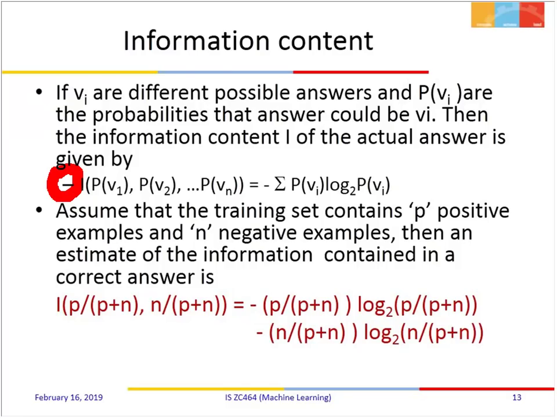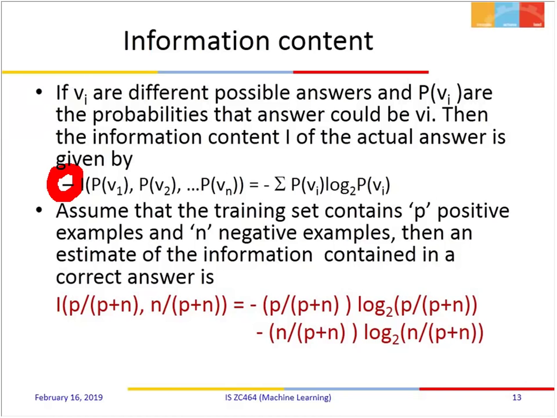Depending upon how many observations you have, you may have 5 samples where people were hungry, and maybe 7 were not hungry. So the probabilities will be 5 by 12 and 7 by 12. This is only in the case when you have only 2 values available for one particular attribute.